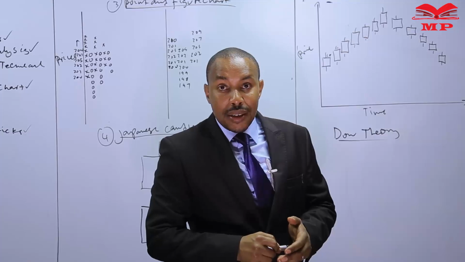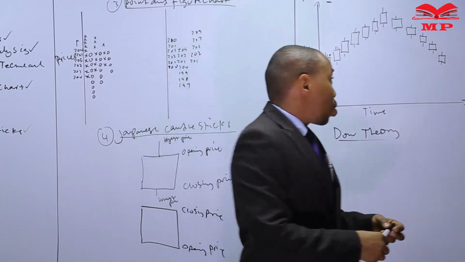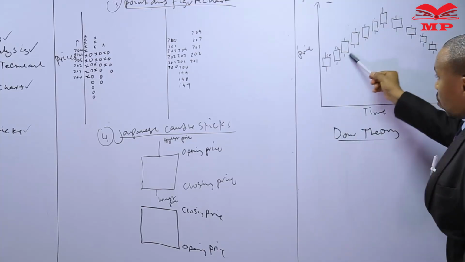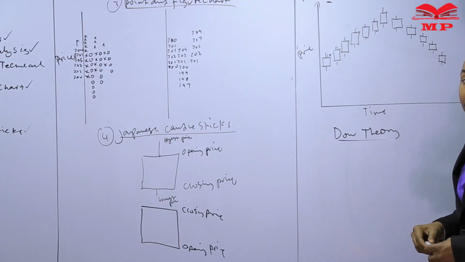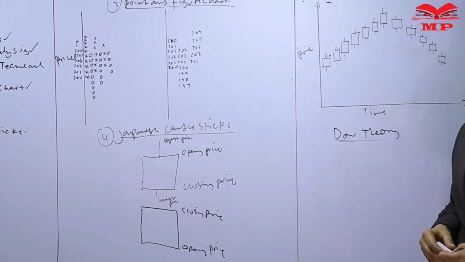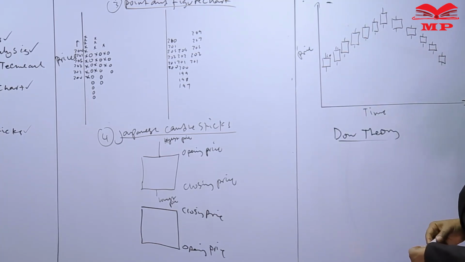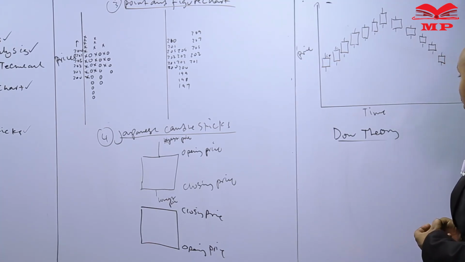What we need to understand under the Dow theory is that historical price movements can provide an indication of the price trend that is going to occur in the future. Now we look at the principles backing the Dow theory.